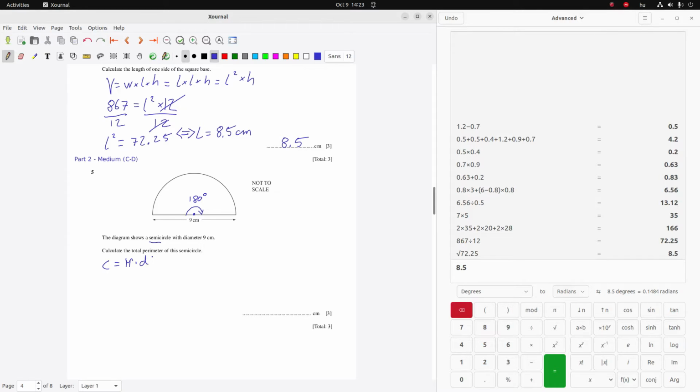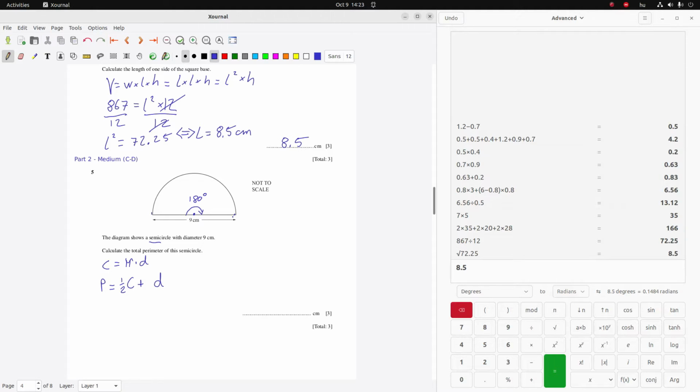And in this case, the perimeter is going to be equal to half of C plus D. So half of C counts for this part, plus D counts for this part. That's the perimeter, the total perimeter.